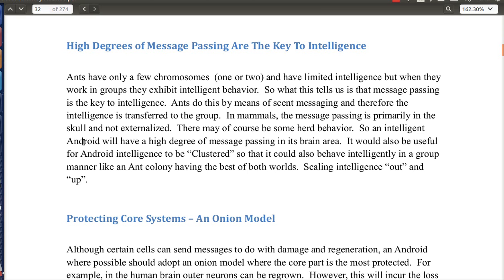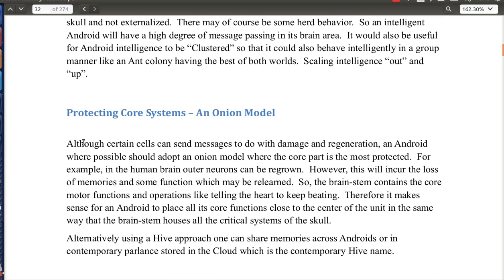And then a human being has much more sophisticated messaging, therefore a human being is more intelligent. So basically, if one sees messaging as the key to intelligence, the ant model is an example of how one can describe intelligence in group behavior versus, say, a very smart human being, and we say they have a high IQ, which means in this theory they have a very sophisticated messaging system in their brain, combined with certain abilities.